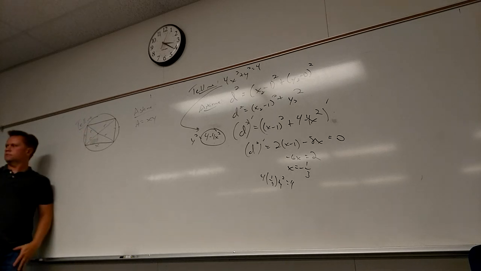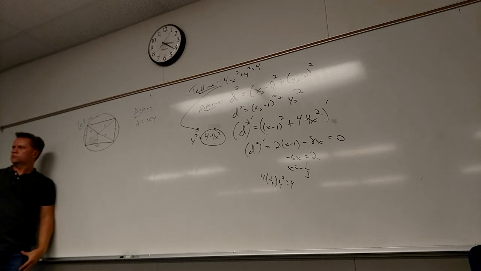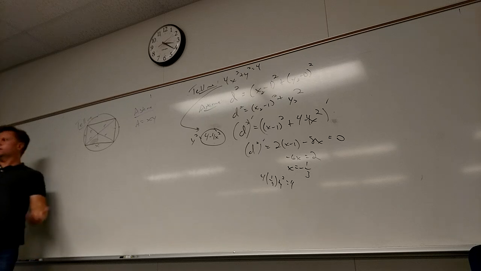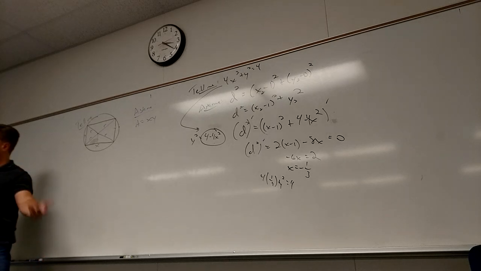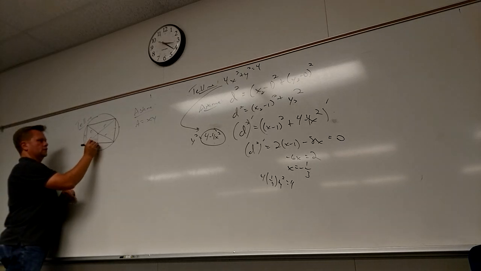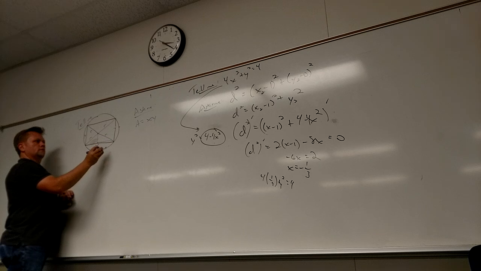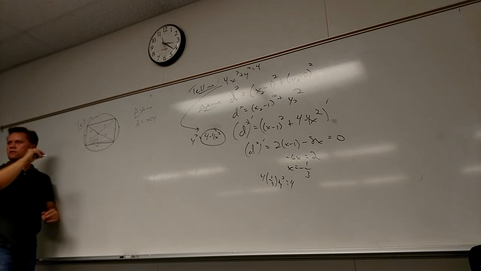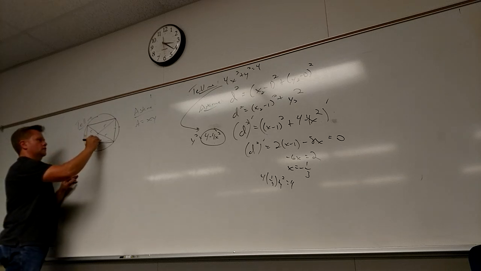Isn't that a right triangle? You guys with me? When you're dealing with triangles, you look for right triangles because those are the nicest ones. You've got trig, or you've got the Pythagorean theorem, hopefully. And this side, what's this side? One half x.